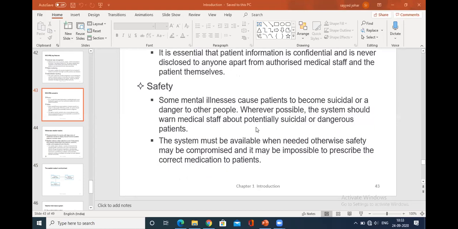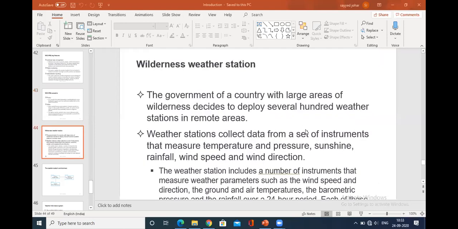The objective is to collect data from a set of sensors, and you need to process that data to give the result. The key requirement in this case may be reliability, how reliable the output is, and how to maintain that particular product.